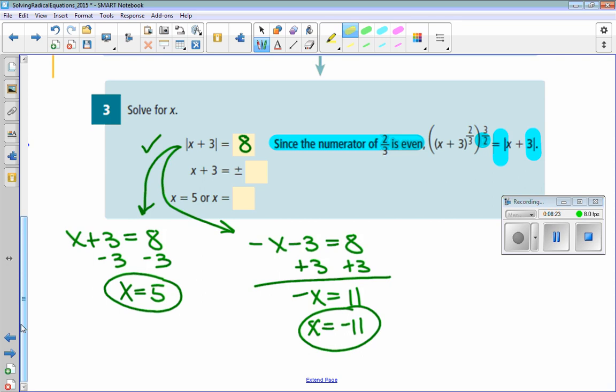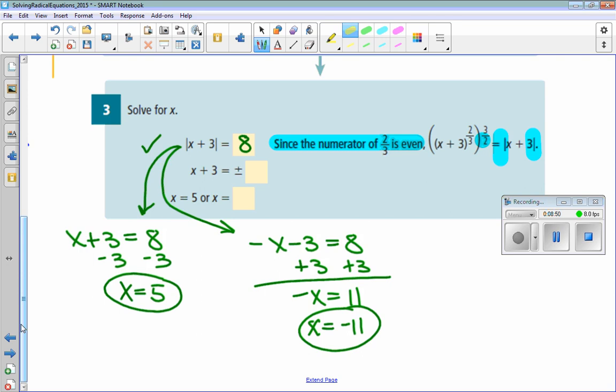It does appear that it crosses in both spots. Let's find the one over to the right first. If I calculate the intersection, it's going to give me 5 as one of the answers. I want to check on the left. How do I make the window go further to the left? I'm going to go to Window, and I'm going to make my X-min go to like -15, just to make it more to the left so I can see it.